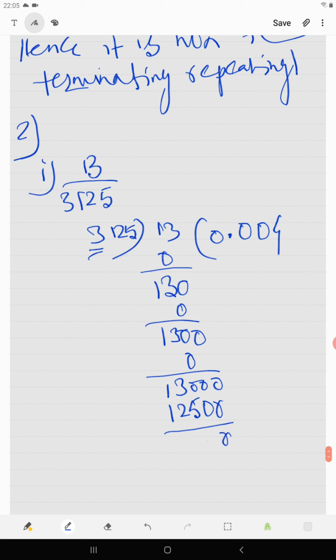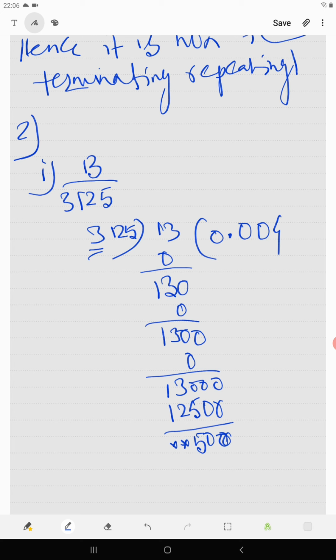So 0, 0, 10 minus 5 is 5, then we have 2, so 2 minus 2 is 0. So how much are we left with?